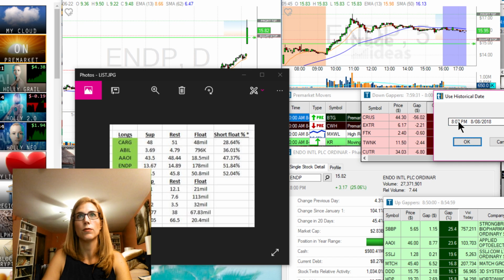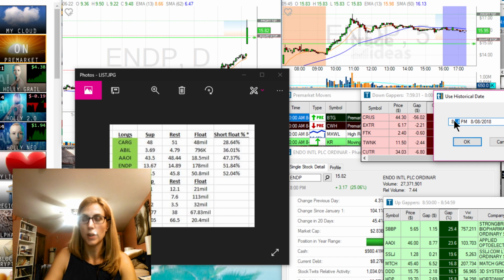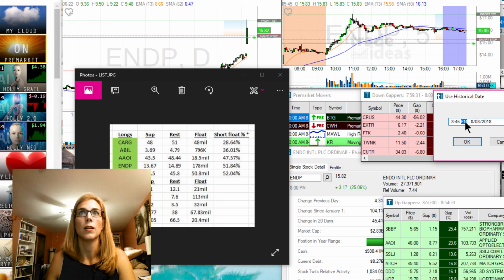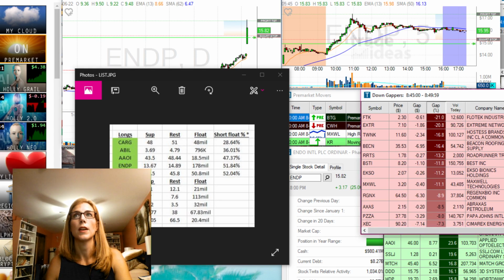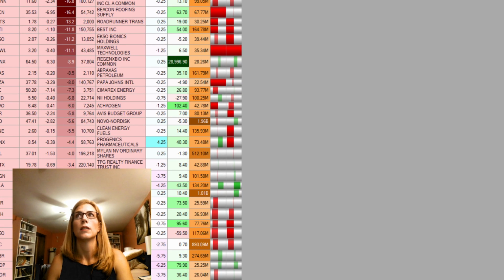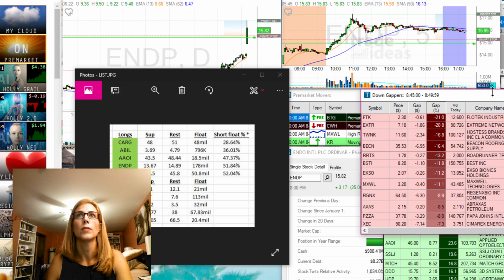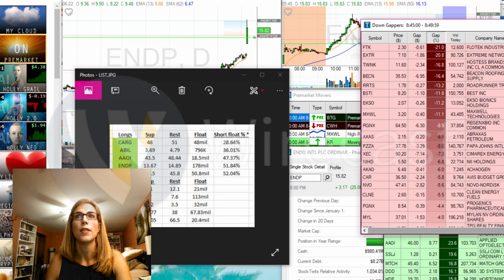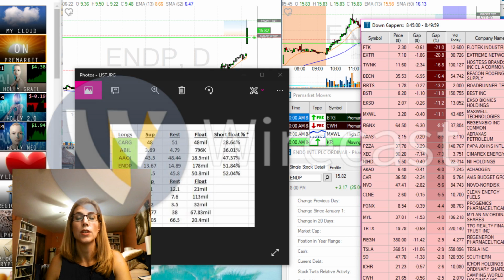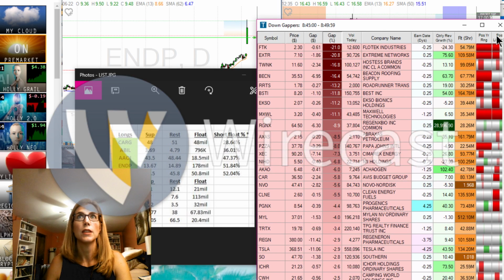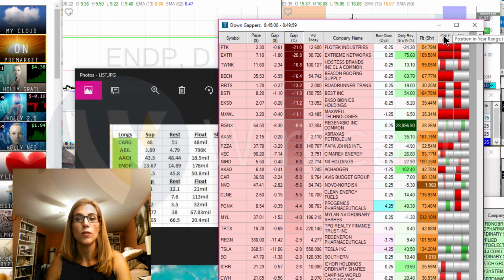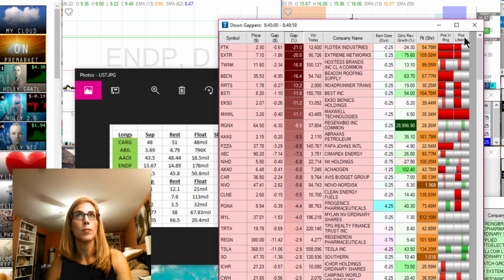I'll do 8:45 a.m. today. So same thing. I'm looking for those stocks that are breaking down to a new 52-week low, right? That's exactly what these two columns are. I'll move it over so you guys can see it. You've got the position in year rating and position in lifetime.